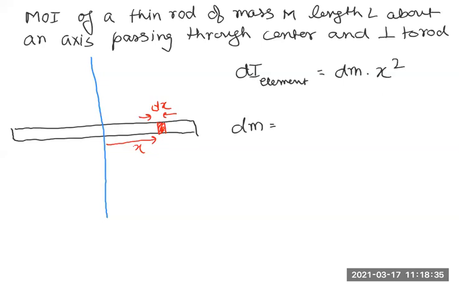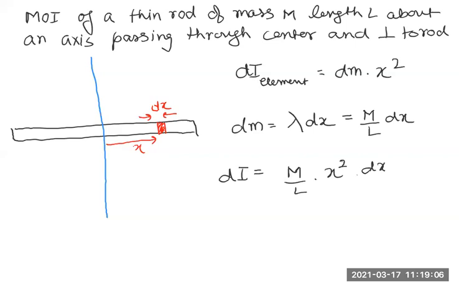You can either write it as lambda dx, which you had picked up the habit in center of mass, or you can write it as m by l dx. So dI then becomes m by l into x square into dx. Therefore, I becomes m by l into integration of x square dx.